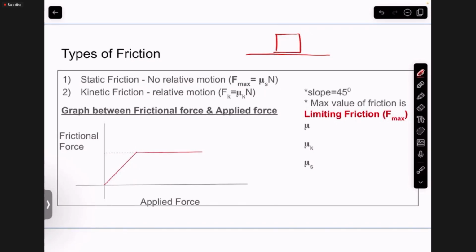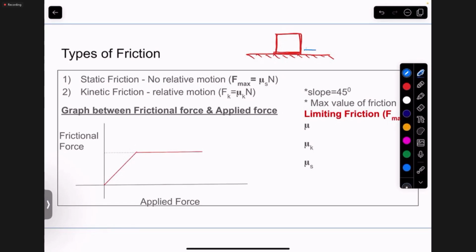Just like I said, in the real world all surfaces will have some kind of irregularities, due to which there will be a frictional force acting. Frictional force will not act when you're simply placing it there, right? Why? Because friction comes into play when there is an impending motion or a relative motion.